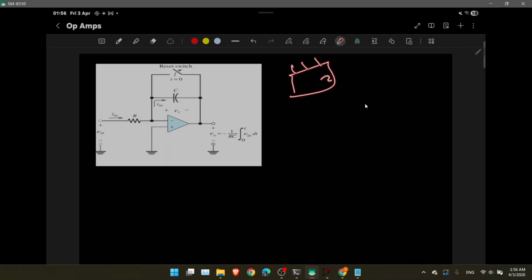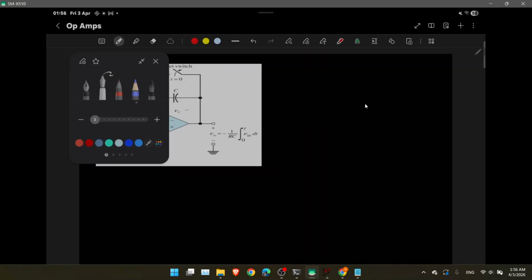We have some pins here, and we have a capacitor and a resistor. So how can integration be done through these silicon chips? I hope you have some understanding about what the things in an operational amplifier are.